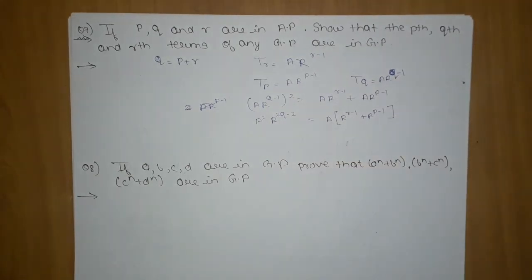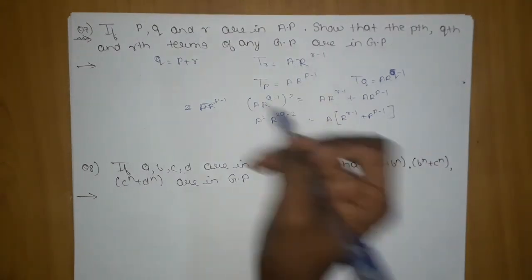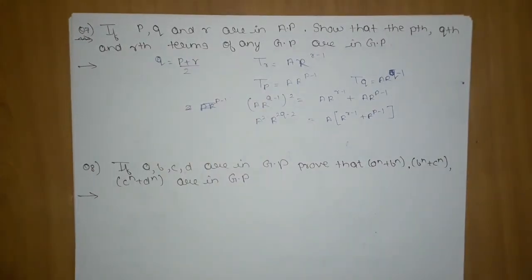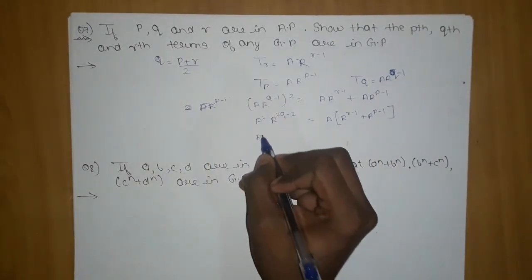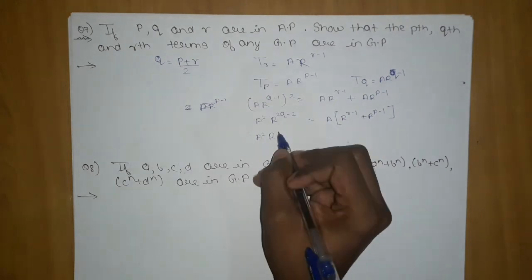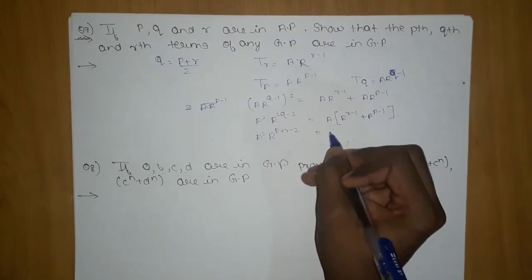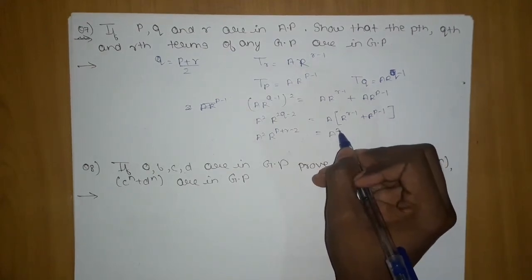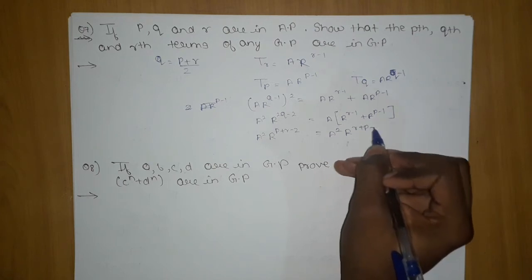Okay, A square. Now 2Q, if you remember this is in AP, Q is nothing but... so 2 times Q is what? You can write it as A square, R power 2Q is what? P plus R minus 2, and here if I add them, it is nothing but A power 2 into R power R plus P minus 2.